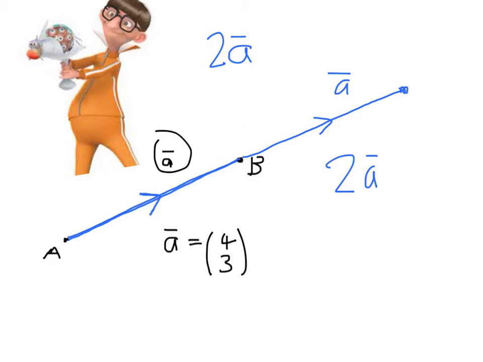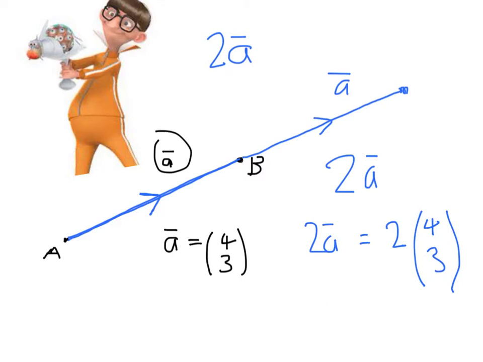And we could do 3 lots, we could do half a lot, we could do 7 lots, it doesn't matter, but we're extending it in the same direction, we're just extending the magnitude, so we're multiplying it by a scalar, by a number. As a column vector then, if our A is (4, 3), then 2A is 2 lots of (4, 3).